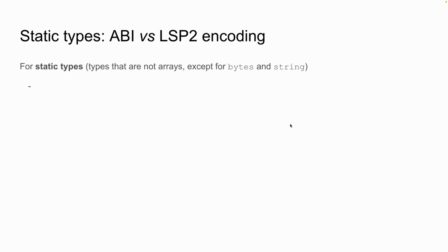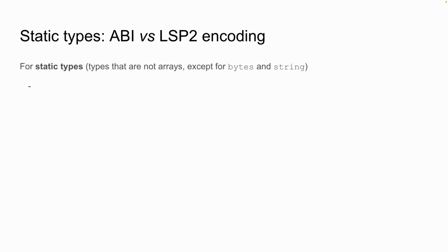So now that we have seen the differences and the similarities between ABI and LSP2 encoding, we are going to look at static types. And we're going to see that there are differences in how static types are handled.